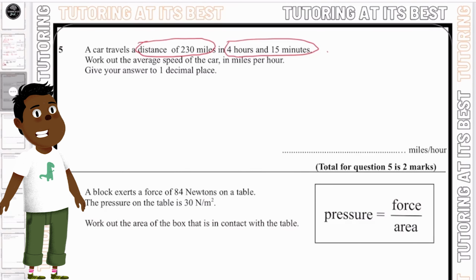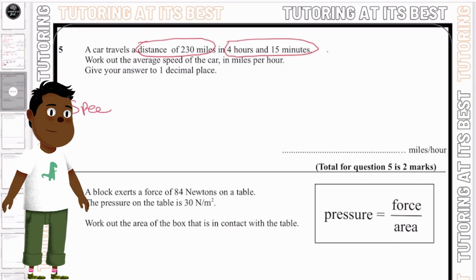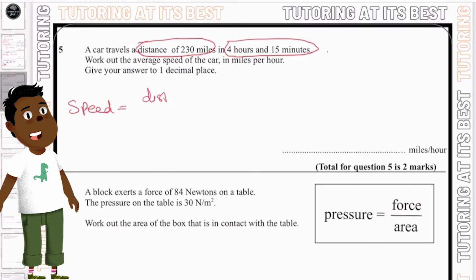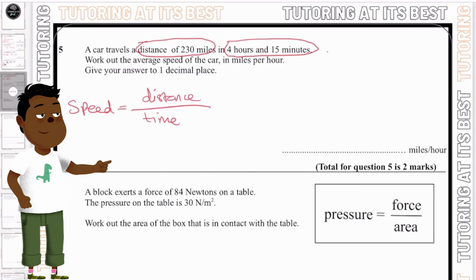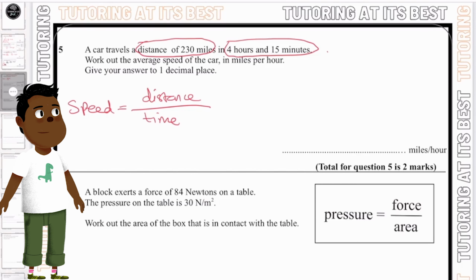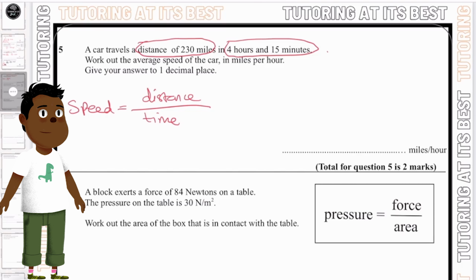So for question 5, we know that we are working with our distance, our speed, and our time. So let's write out our speed, which equals distance over time. And I've made it equal to speed because that is what we need to work out. So we'll get our distance, which is 230 miles, and I'll divide this by our time.